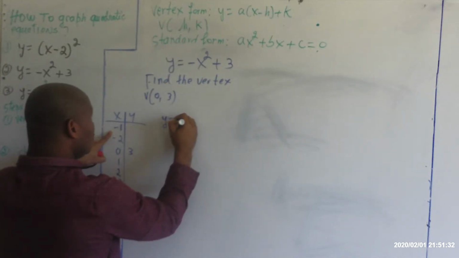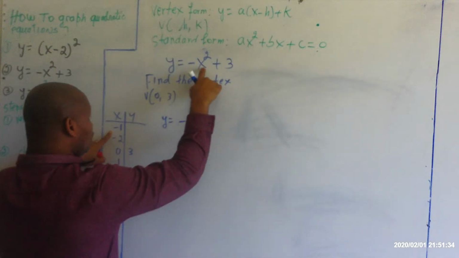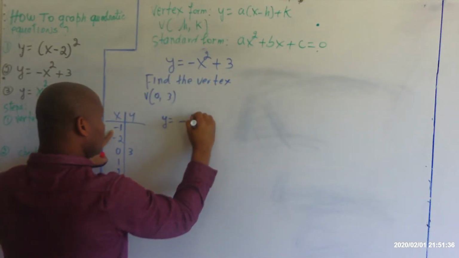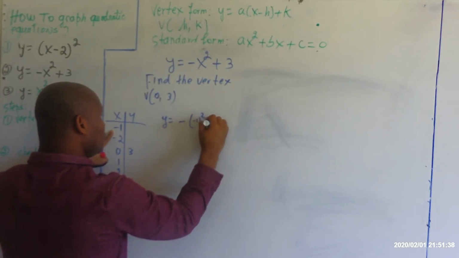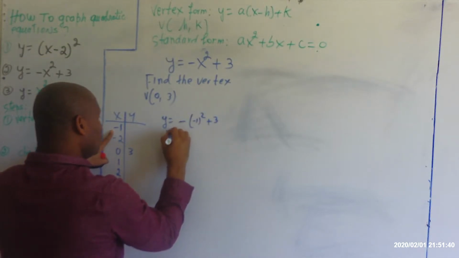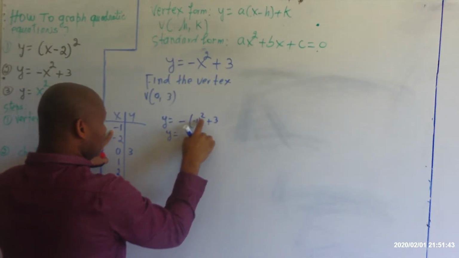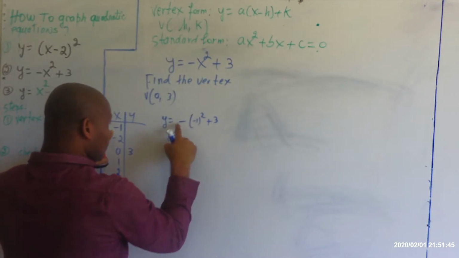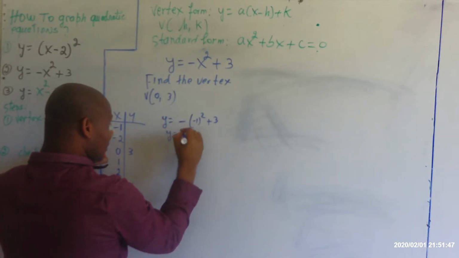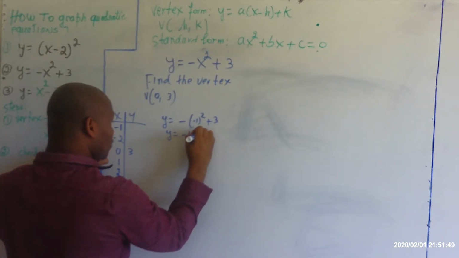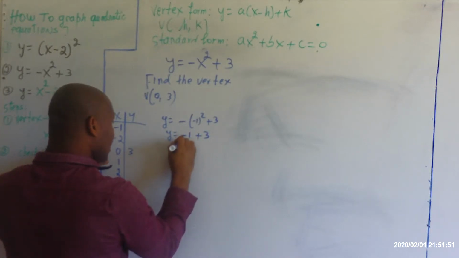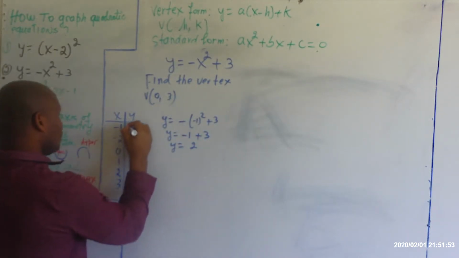Y equals negative, so -1 to the power 2 plus 3. -1 to the power 2 is 1, but because we have a negative sign, it's going to be -1, plus 3. So Y equals 2. Let's write 2 here.